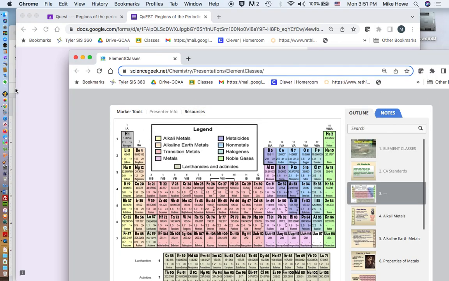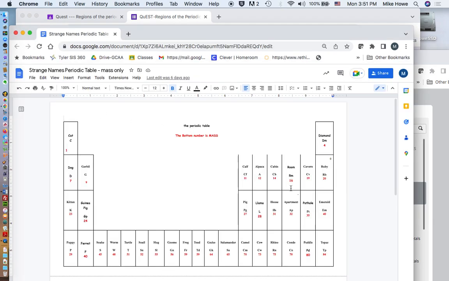Then apartment is in another part of the strange names periodic table. It's right here. On a real table, this is nitrogen. Underneath nitrogen is phosphorus.